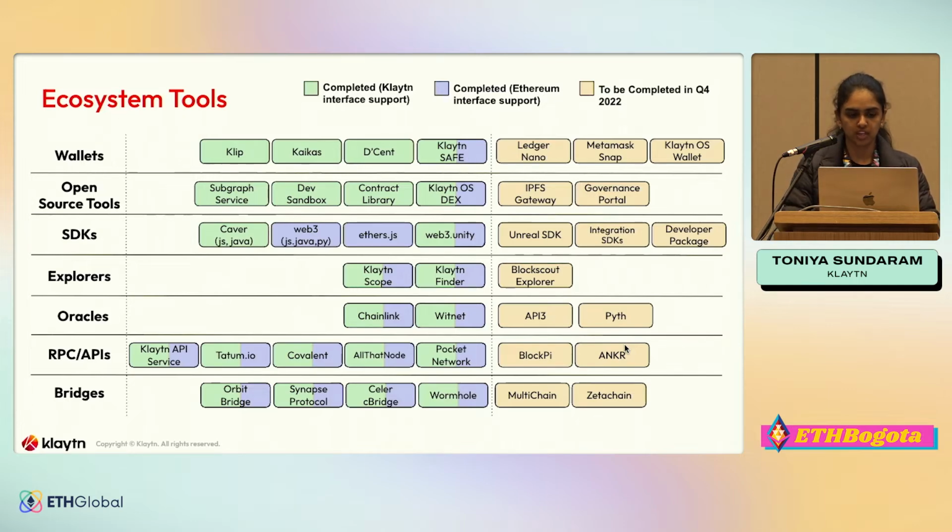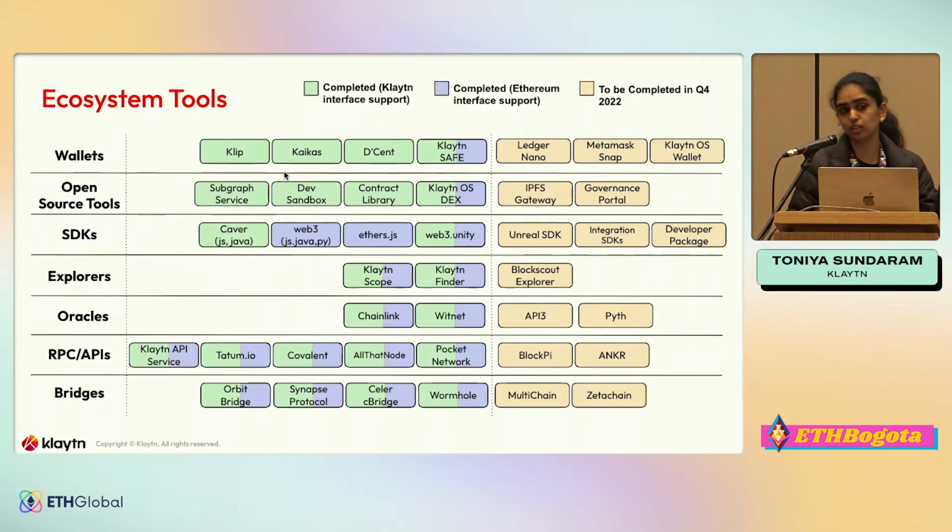We have a few of the tools which you can use for the hackathon today. The first part, the wallet: we have Klip, Kaikas, Dcent, and Klaytn Safe, which is a multisig wallet on Klaytn. Here, all the green boxes have Klaytn support, and the ones in green and blue have both Klaytn and Ethereum support.